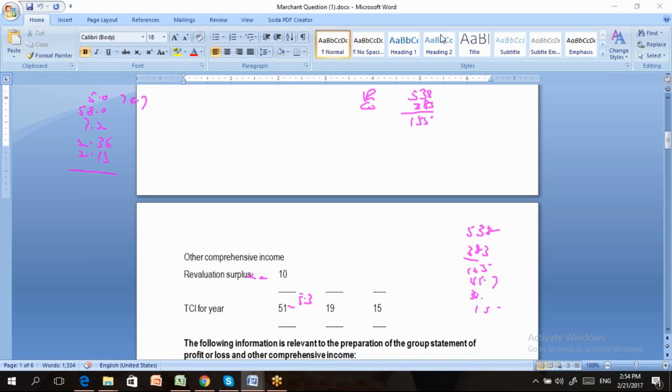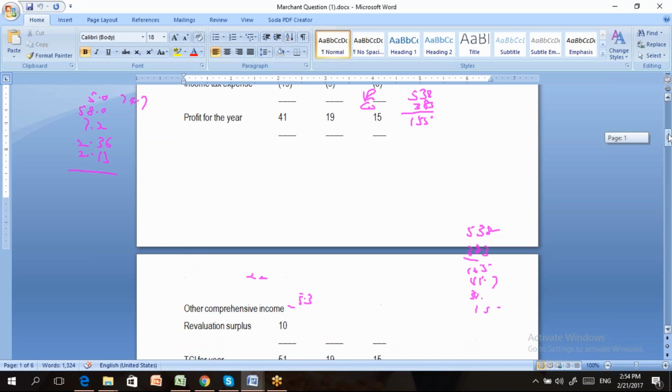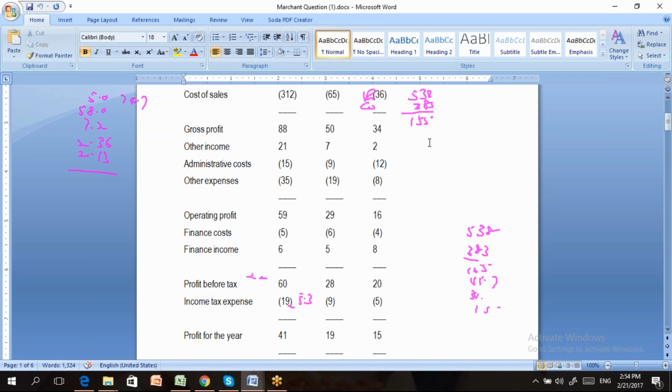Oh yeah, 97.5. 97.5, that is your operating income. So that is the figure that you will come up to. So if you can come up to this point, we are done very well.